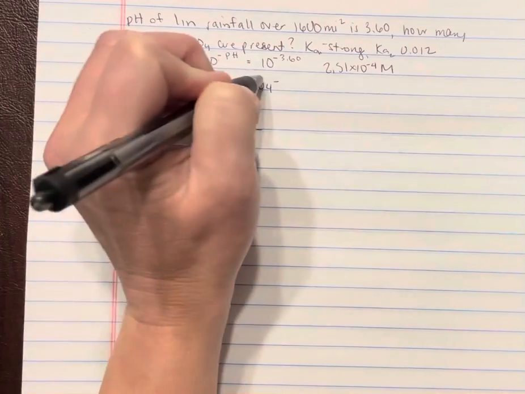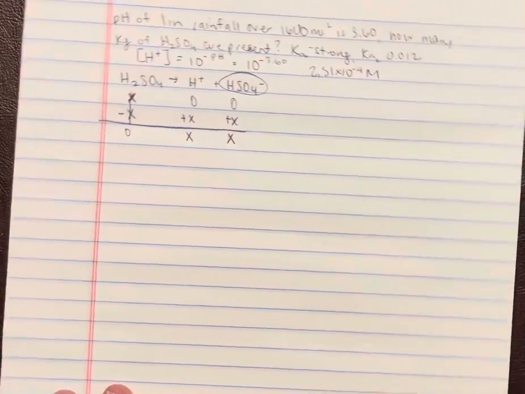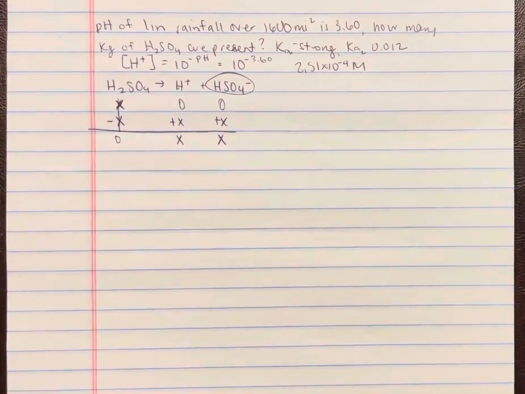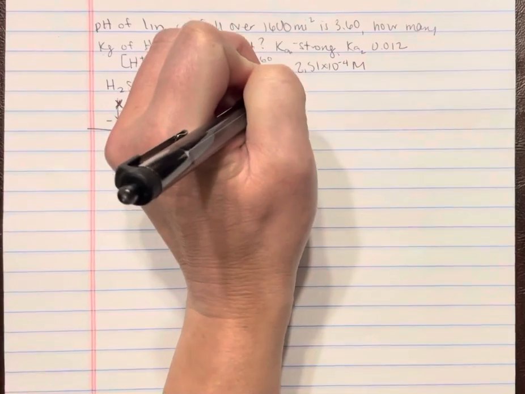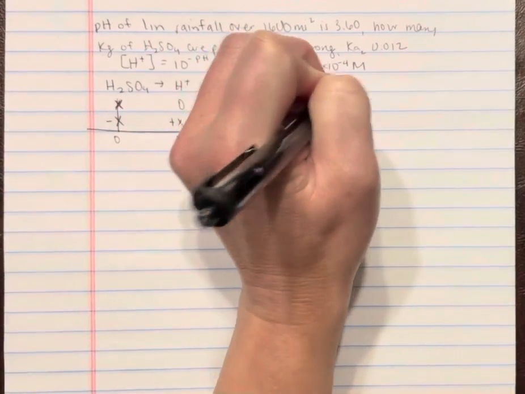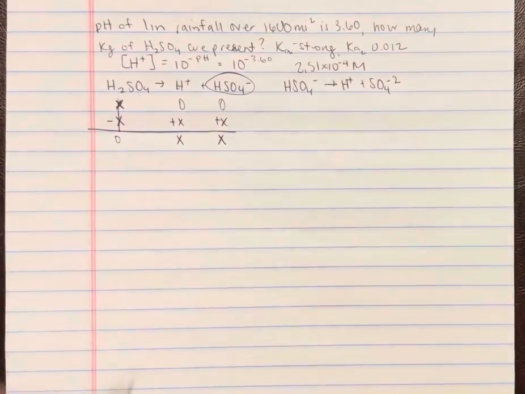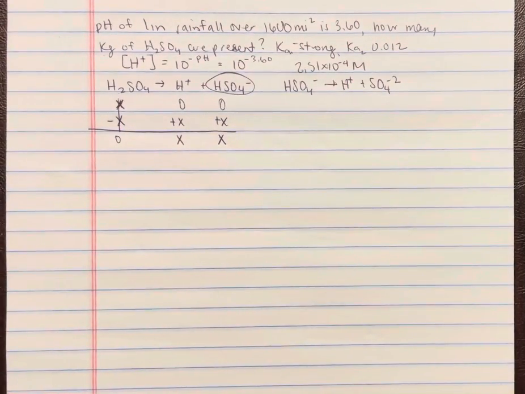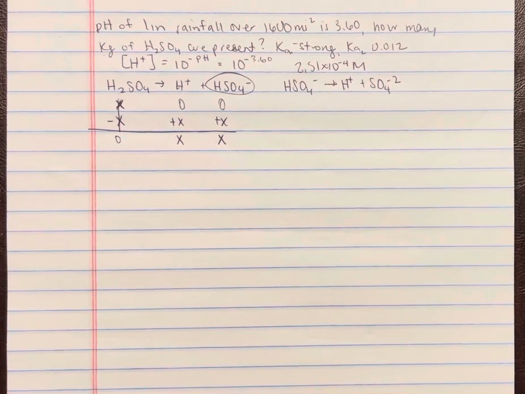Now, this is going to lose its second proton, so we need to make another table. HSO4 minus is going to lose its proton to give you this. Now, we don't know these actual concentrations. That's what we're trying to figure out. So we're solving for X, but it's a little bit different here.